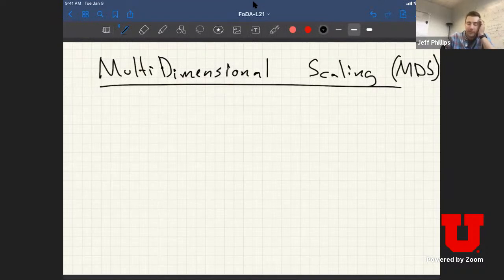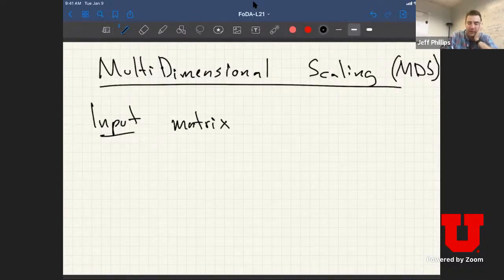Okay, so for multidimensional scaling, let me describe the basic setup of what is going on. The input here is going to be a matrix D which is n by n. So it's an n by n matrix D, and this is a distance matrix.